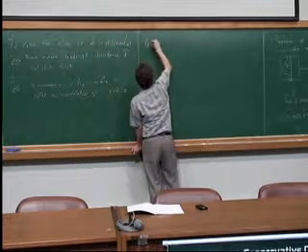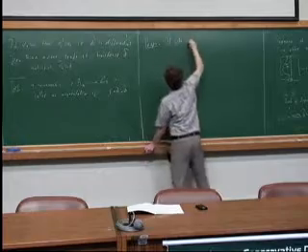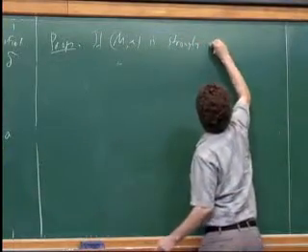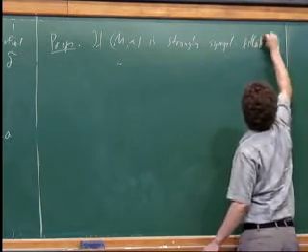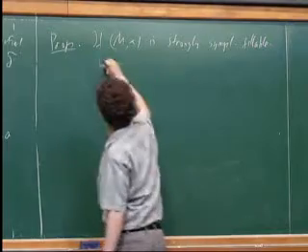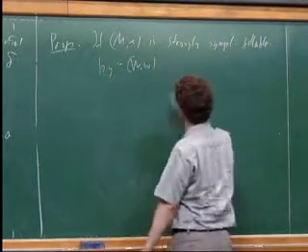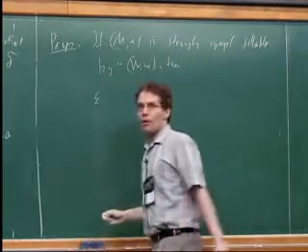Proposition: if M alpha is strongly symplectically fillable by, say, W omega, then we can define an augmentation as follows.